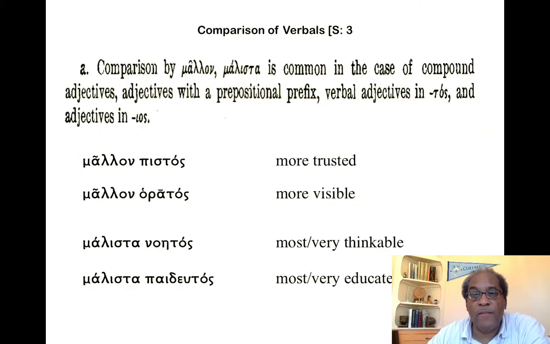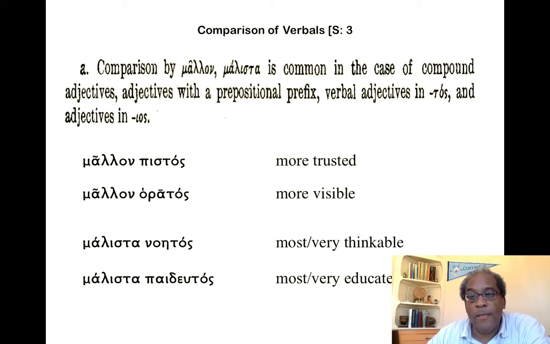Now, in comparing these forms, the comparison and superlative, we see that comparison by mallon or malista is common in the case of compound adjectives, adjectives with a prepositional prefix, and the verbal adjectives in -tos and adjectives in -ikos.